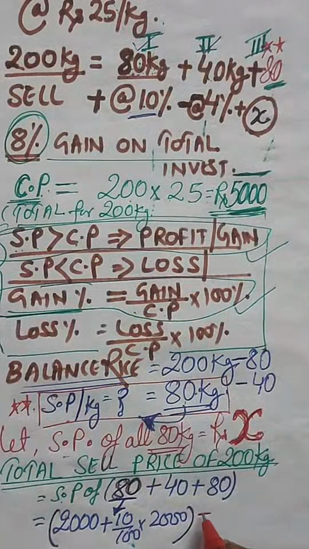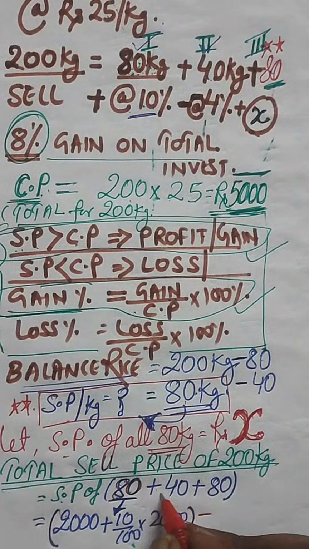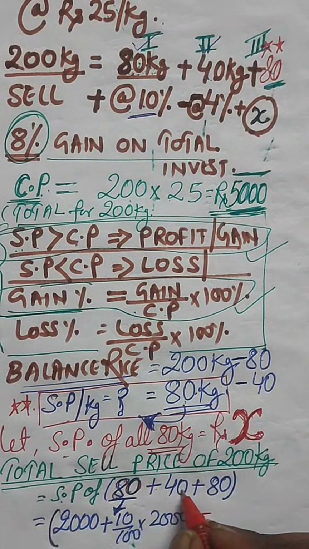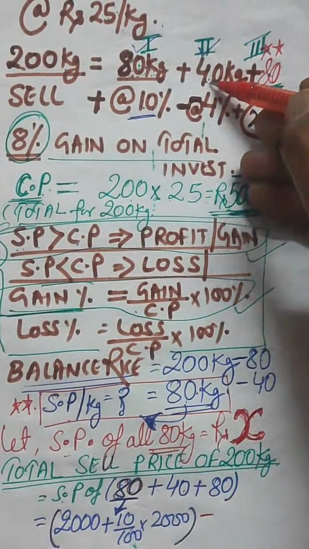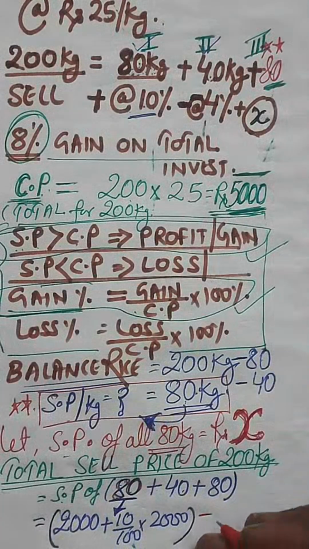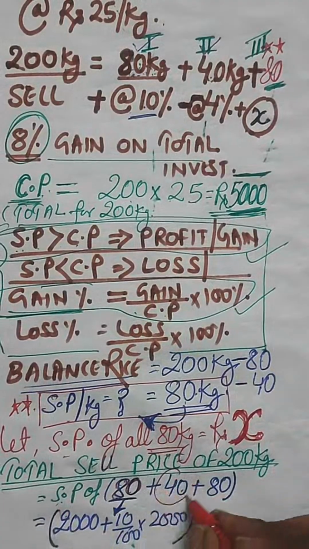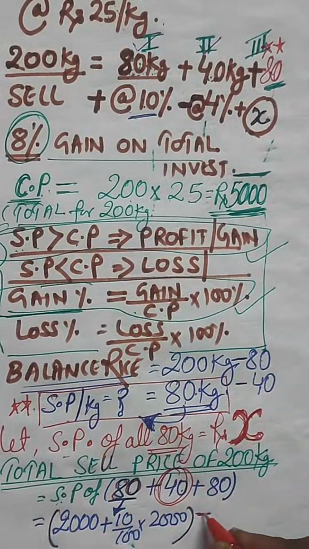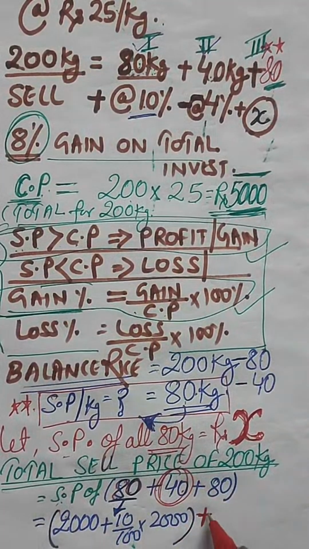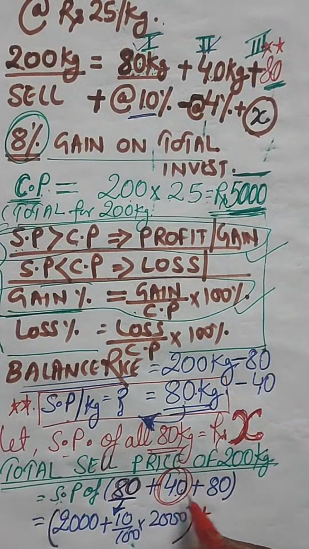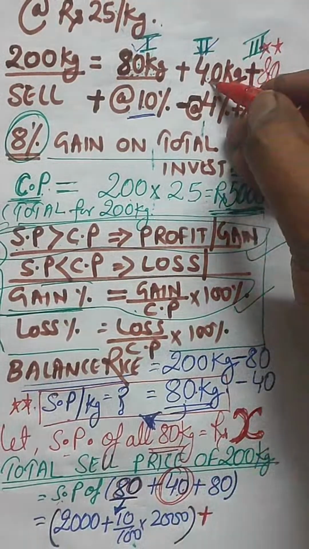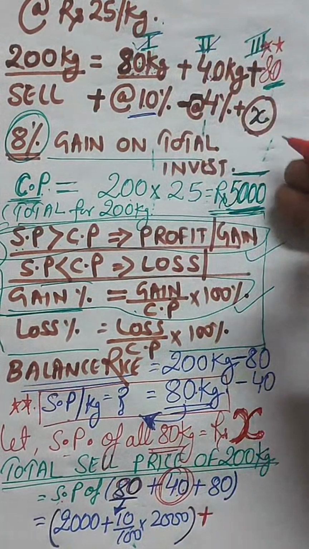Then he's selling the rest of the 40 kg. This is the second part. On this second part, he is making a loss. So what is the sale price of this 40 kg? First of all, calculate the cost price of this 40 kg. 40 kg will be 40 into 25.